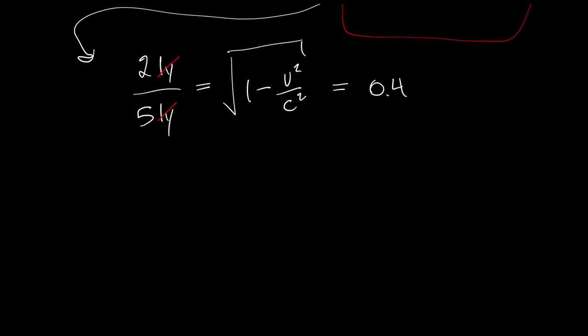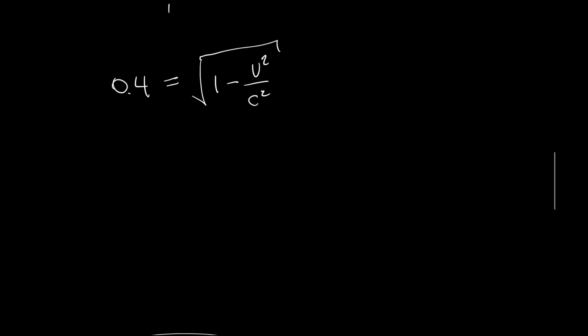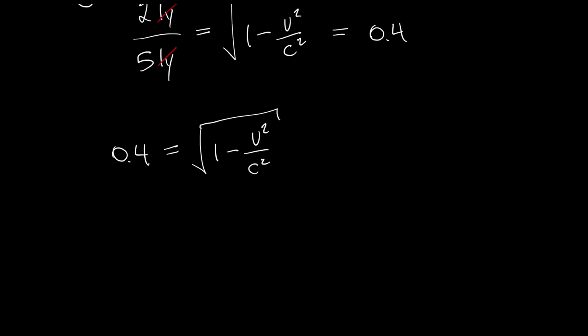Okay, let's see what we can do here. Let me just rewrite the equation. 0.4 equals the square root of 1 minus V squared over C squared. Interesting. I guess what we can do is square both sides. 0.4 squared equals 1 minus V squared over C squared.